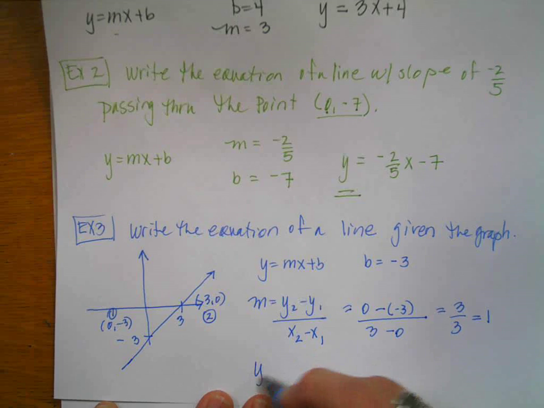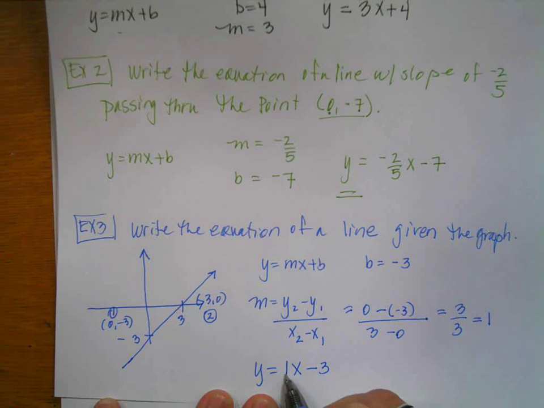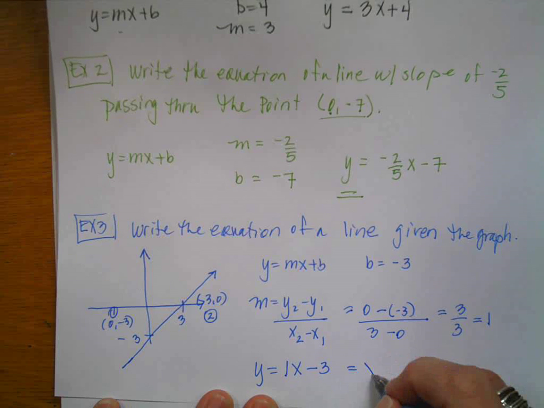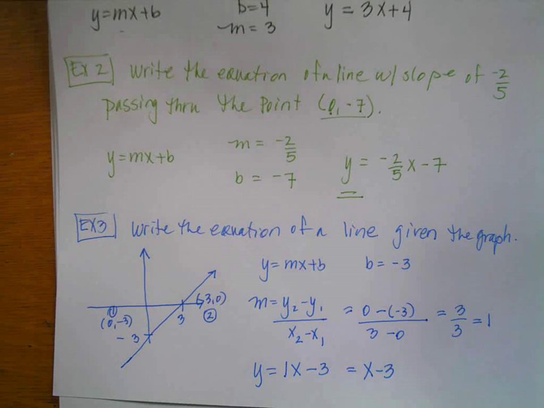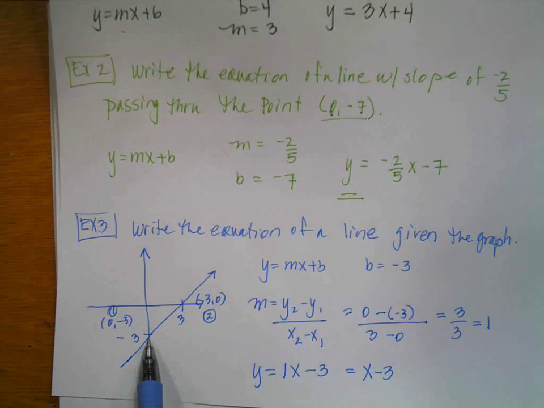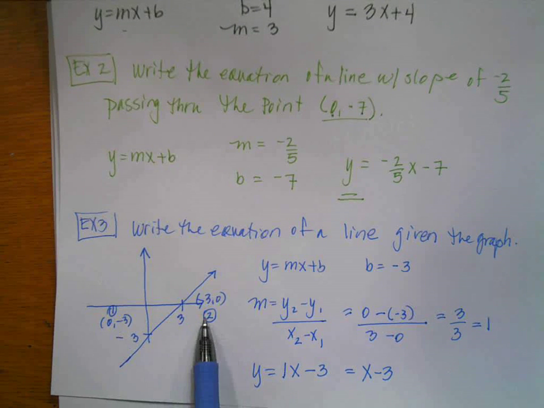So then when I write my equation, y is equal to 1 times x minus 3, and I would rewrite it and leave the 1 out because it's understood, and so then that would be my equation. So it really is a nice, easy way to write a line when they've given you the information. And if you have to calculate the slope, that's okay. You know how to do that. I label my points 1 and 2 just so I don't make silly math mistakes.